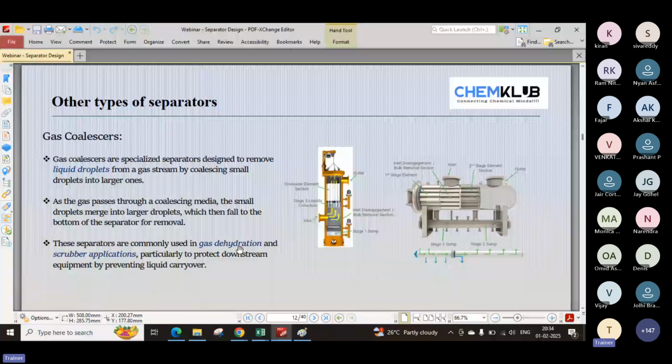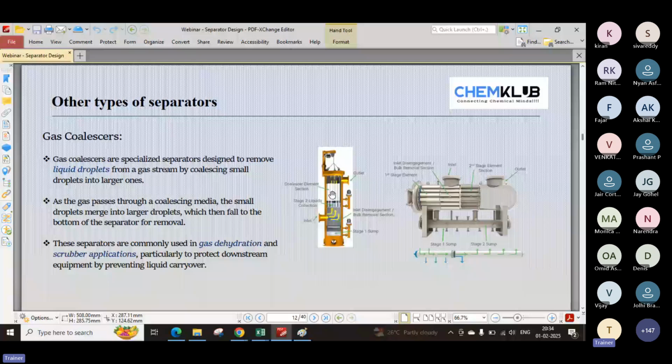What I was talking about is this one. In this section, the separation is happening because of gravity, whereas in the upper section we have coalescers, or what we call the separating media, the cartridges, where because of the pressure, when the gaseous particles pass through this coalescer, the liquid will coalesce.